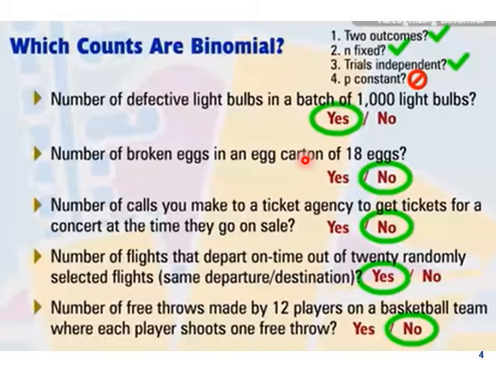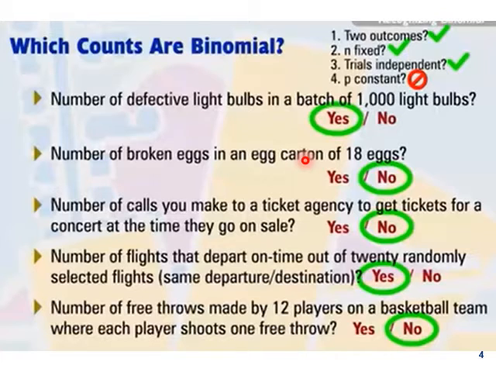Now the example is the number of calls you make to a ticket agency to get tickets for a concert at the time they go on sale. First option, two outcomes: yes, you make a call, it can go through or cannot go through. We can take it as yes.